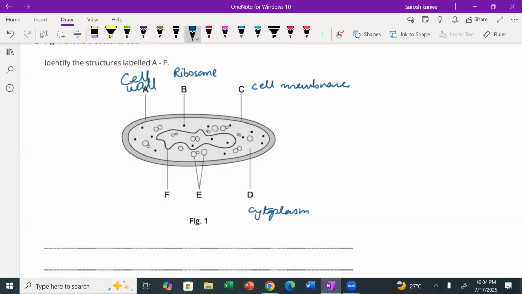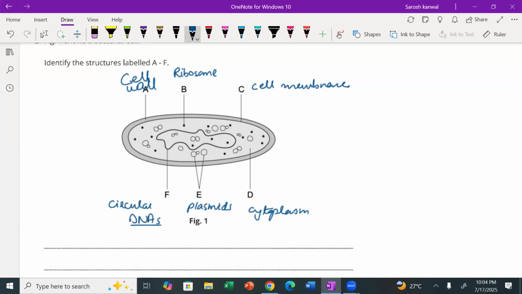Yeah, but it does have a name. That is plasmids, right? The circular genetic material, the circular DNAs. What about F? F is the circular DNA. Yeah, we can characterize F as circular DNA.